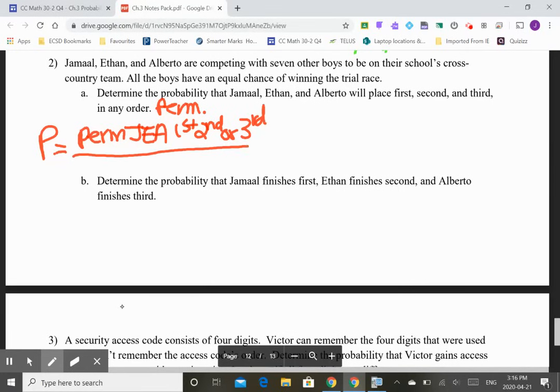Our denominator comes from the number of permutations with no restrictions. So that's the number of permutations with any of the runners in first, second, or third. We've got Jamal, Ethan, and Alberto with 7 other boys. That means any of the 10 in first, second, or third.